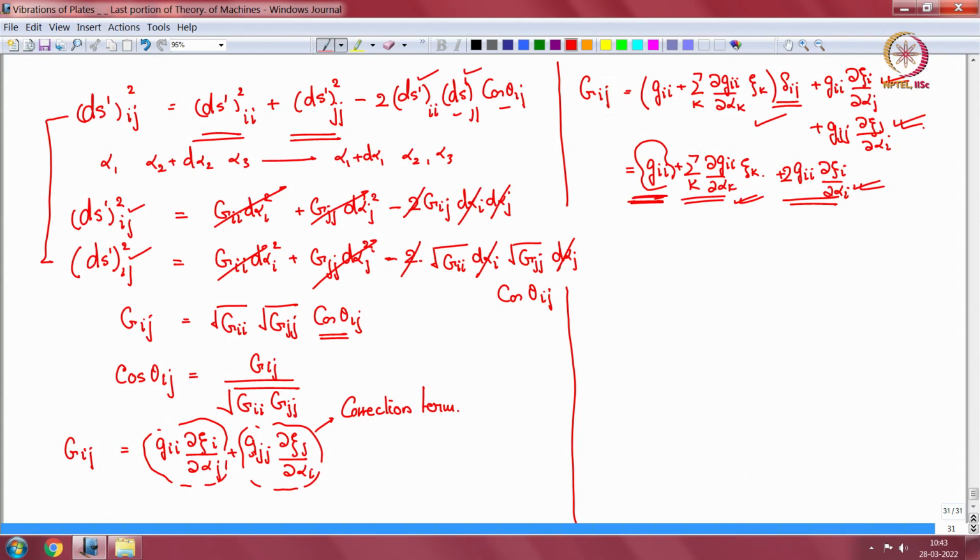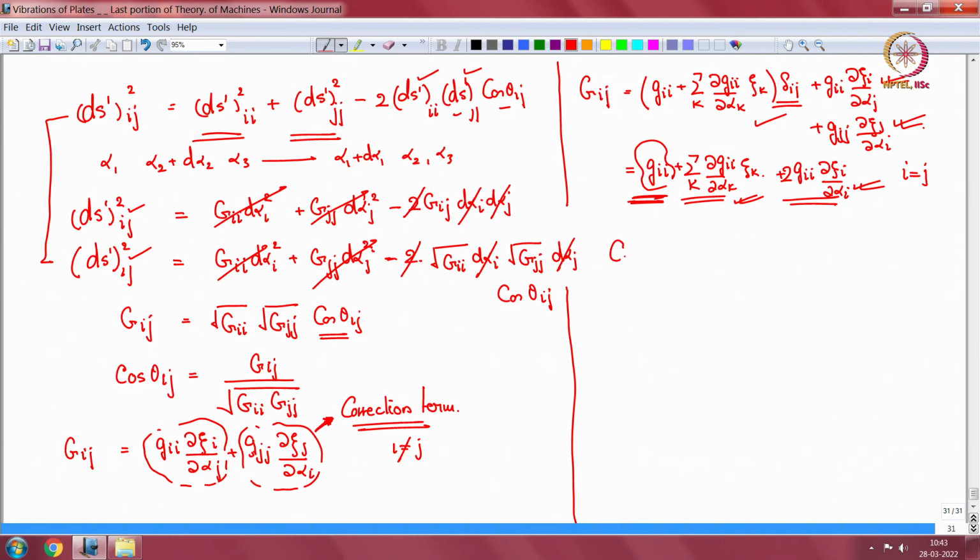Okay. So now whereas in the G_ij where i is not equal to j, what we have is just the correction term in here, which is a small term.